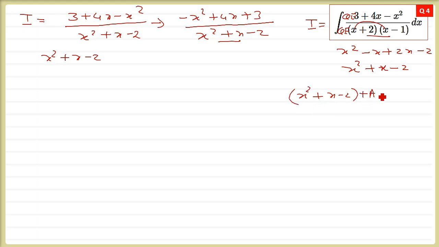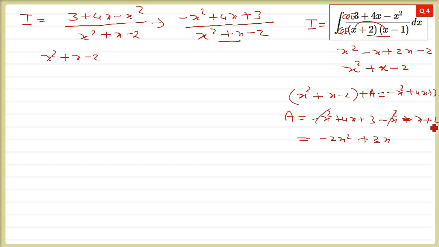So I'm just saying x square plus x minus 2, we are adding some a to get negative x square plus 4x plus 3. So this a will be equal to negative x square plus 4x plus 3, and on the right, negative x square and negative x plus 2. So this negative x square will be negative 2x square. 4x minus x is 3x, and 3 plus 2 will be equal to 5.